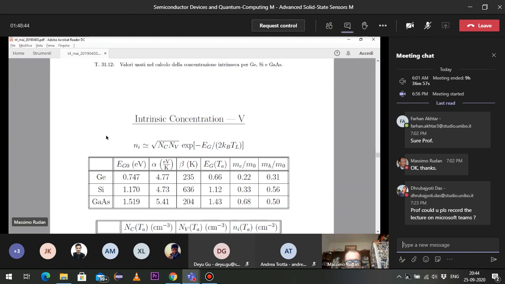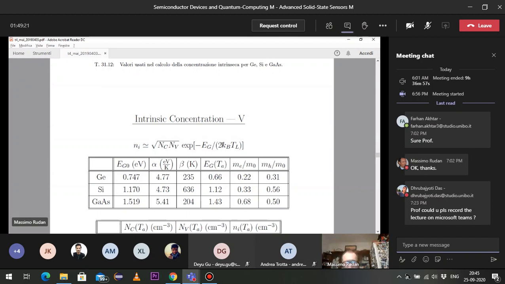This function depends on temperature, as you remember, because the square root in front of it depends on temperature, because Eg depends on temperature, and then we have the explicit dependence on temperature in the denominator. The last dependence, the one in the denominator, is by far the strongest. So as a first approximation, we consider only the dependence on temperature of the denominator here.